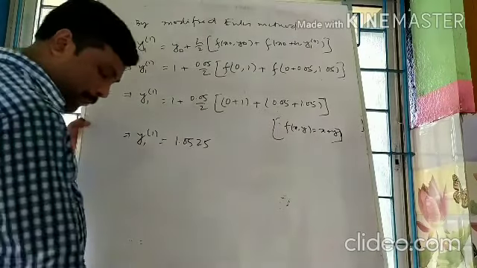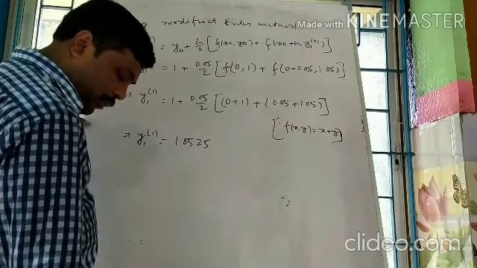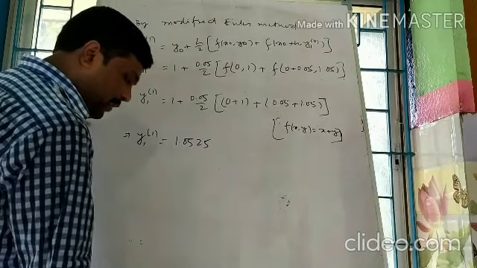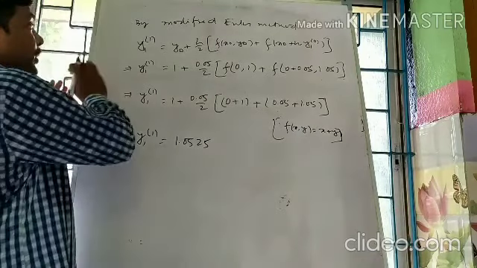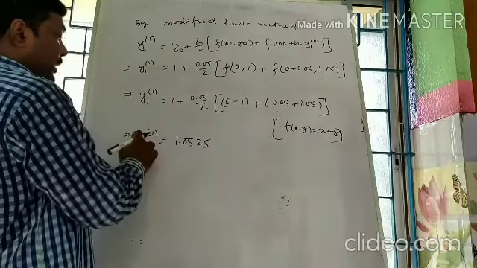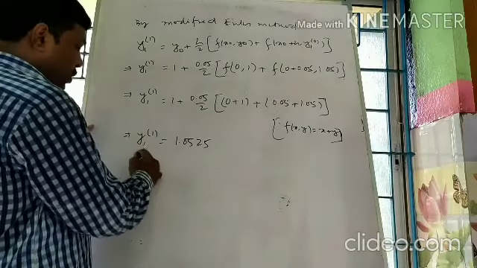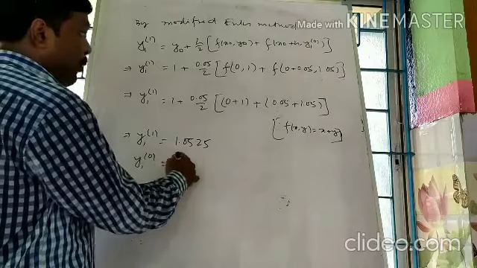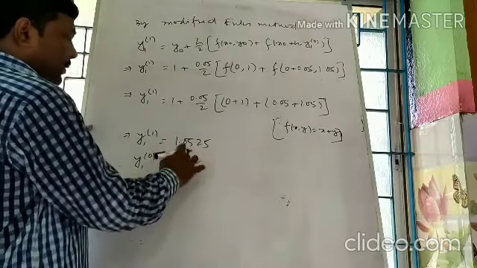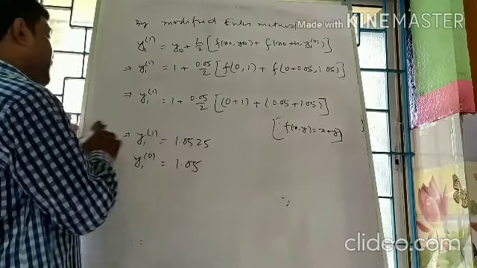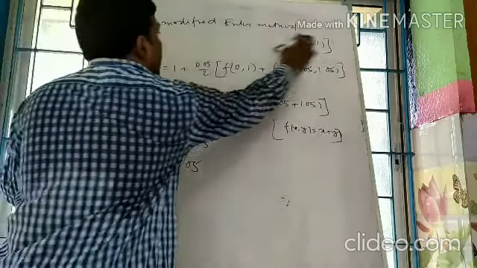So the first approximation of y1 is 1.0525, and y10 is 1.05. These are not equal, correct up to 4 decimal places. So you have to continue this process.